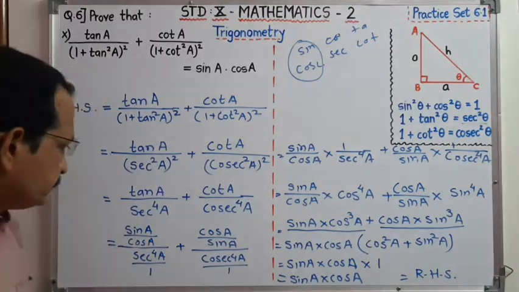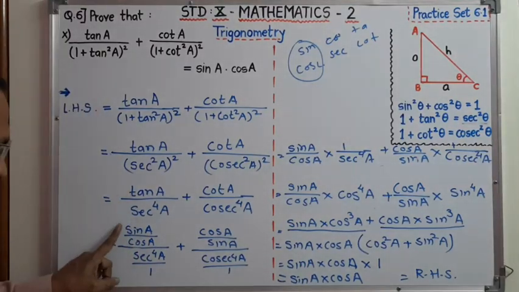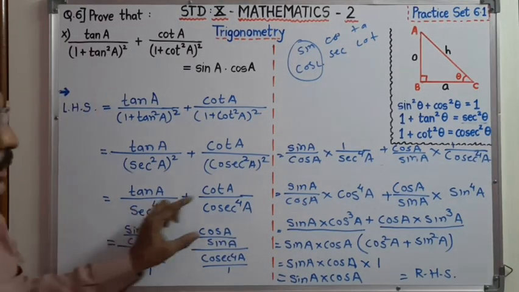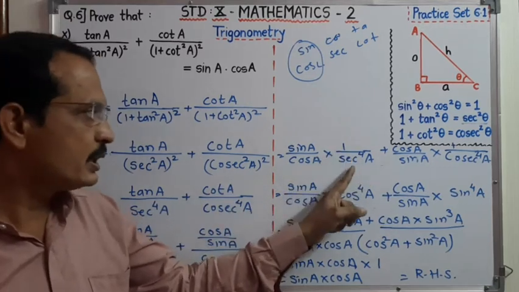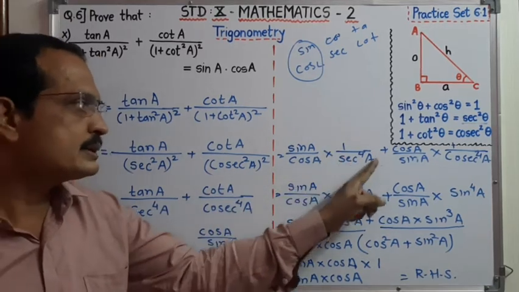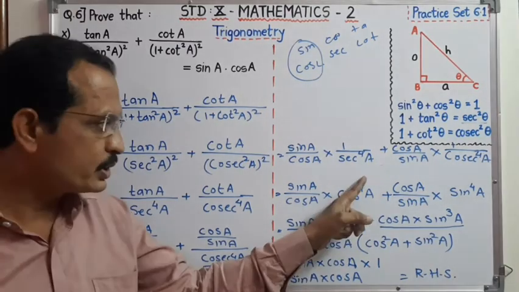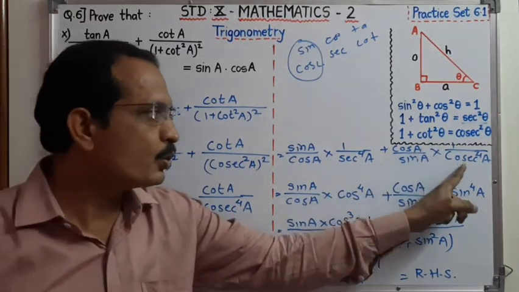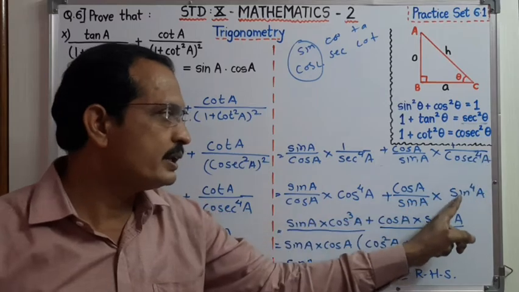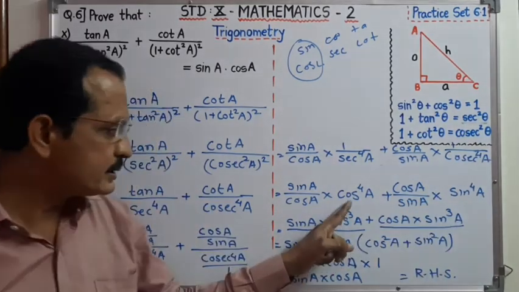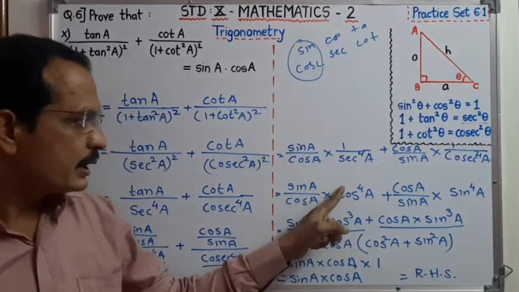Dear student, see, it is important one. If you write in this way, then you can very easily understand this step. And 1 upon sec raised to 4A means cos raised to 4A, and 1 upon cosec raised to 4A means sin raised to 4A, and this gets cancelled.